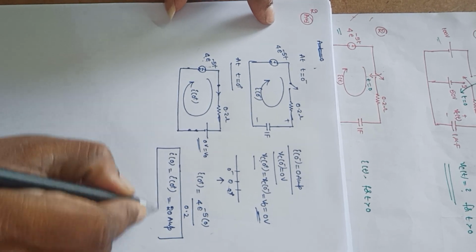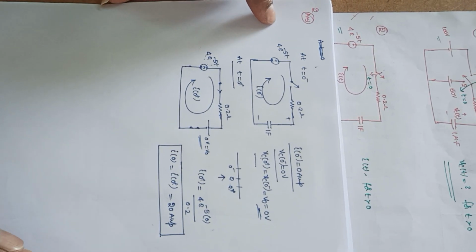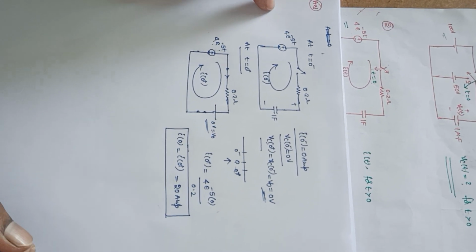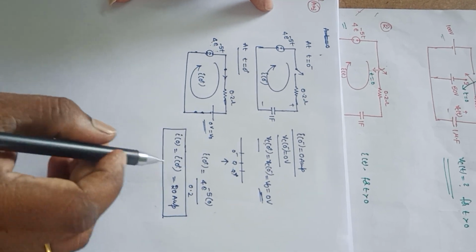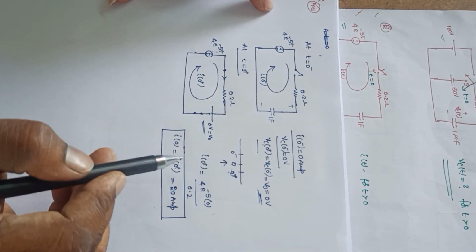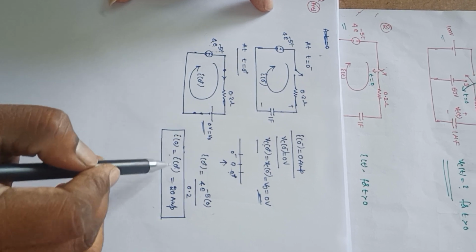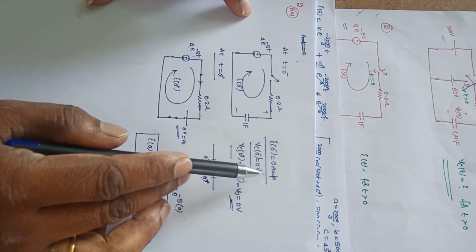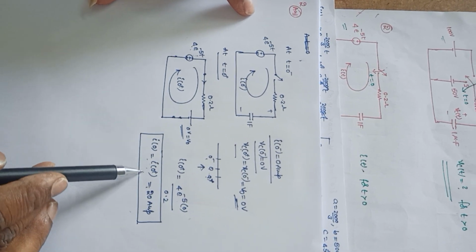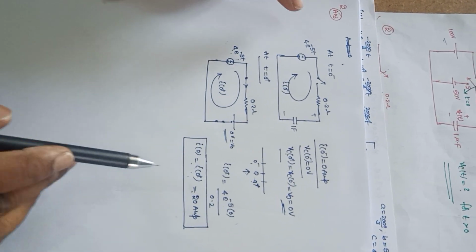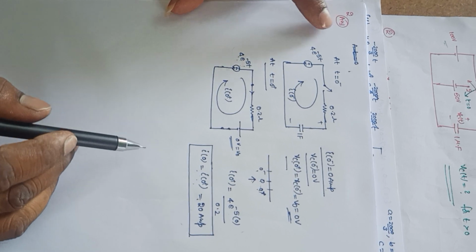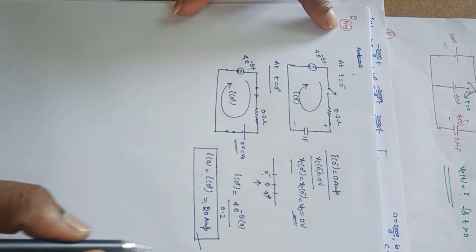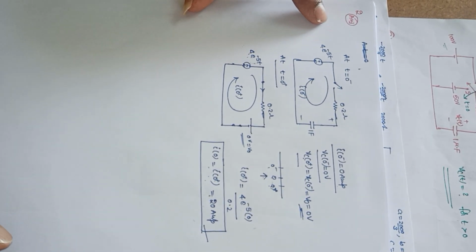That means the capacitor can allow sudden changes in current. At t equal to 0 minus the current is 0 amperes, and at t equal to 0 plus it is 20 amperes. So we calculated the initial current flowing through the capacitance as 20 amperes.